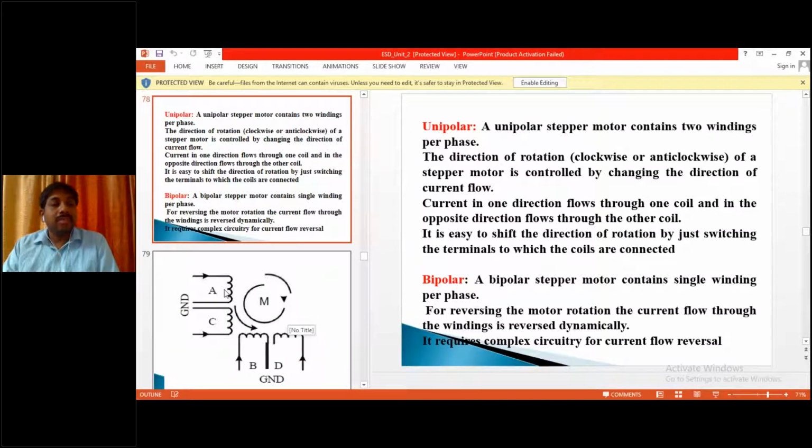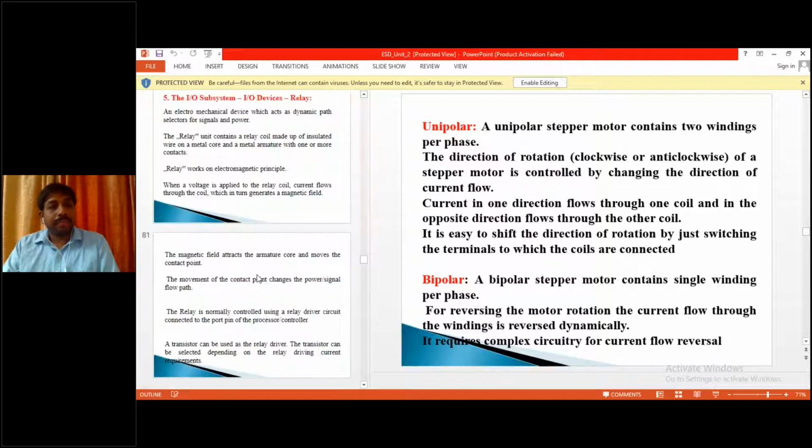If the motor contains two windings per phase, that is called unipolar. If it consists of a single winding per phase, it is called bipolar, and based upon the direction of the current, rotation anti-clockwise or clockwise will take place.